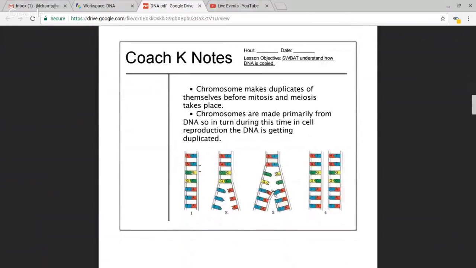During mitosis and meiosis, we go through a process that we call DNA replication, where we have DNA polymerase, which comes in and pretty much unzips the DNA molecule, kind of like a zipper. Here you can see in step 1, it's just a structure. In step 2, we have it kind of coming apart.